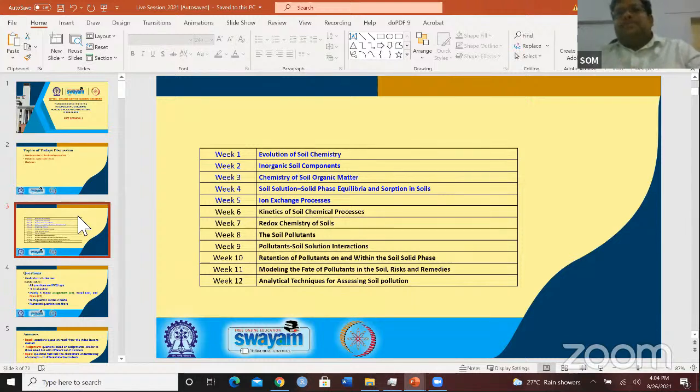In the second week we discussed the inorganic soil components. We started with Pauling's rules, all the rules required for understanding the crystallographic nature of secondary soil minerals or clay minerals.